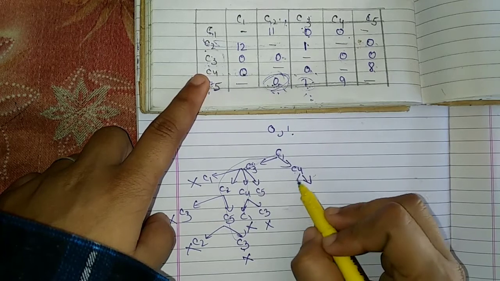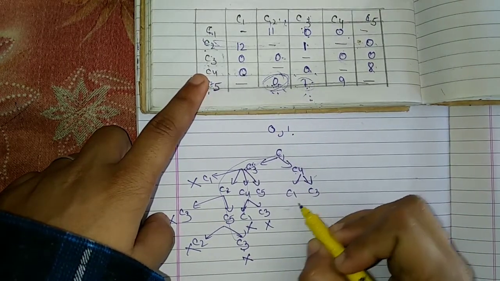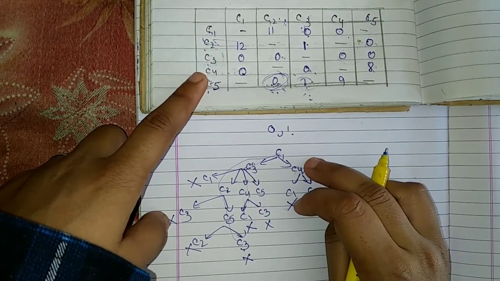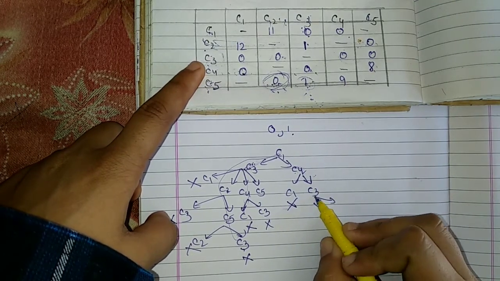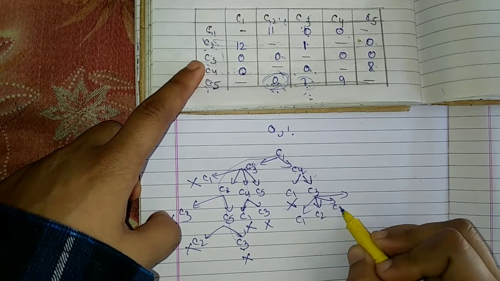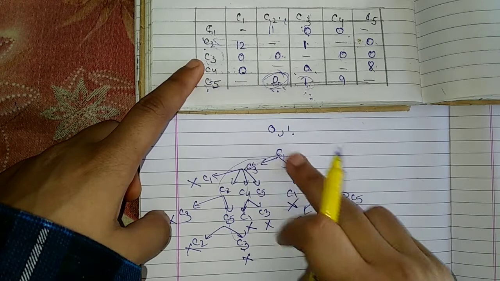There are 2 zeros. First C1 and C3. It is unfavorable because it does not cover C2, C3 and C5. C3 there are 4 zeros: C1, C2, C4, C5. It is unfavorable because it does not cover 2 and 5.